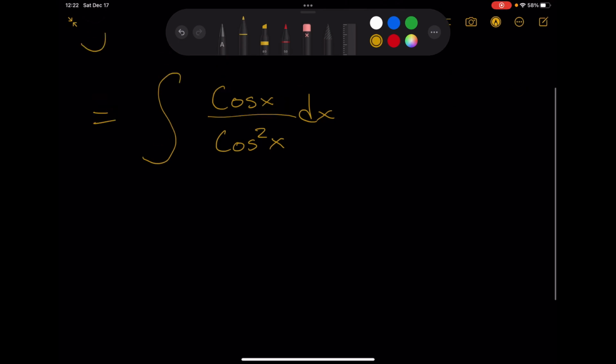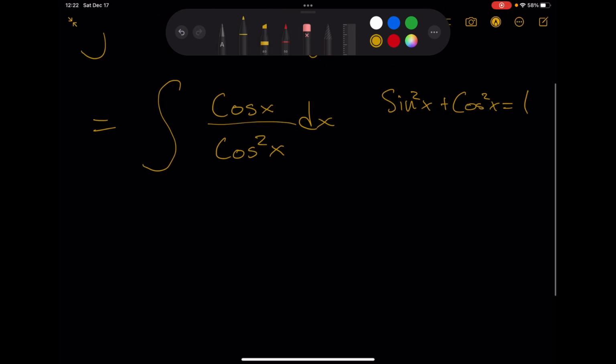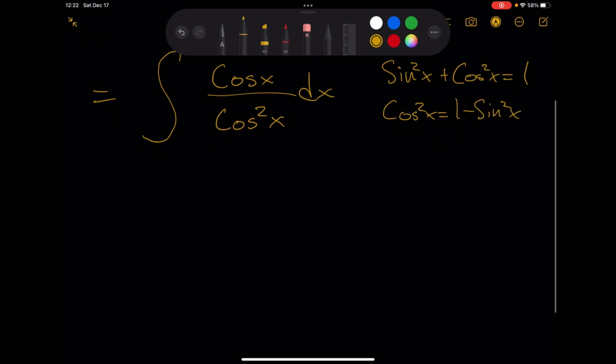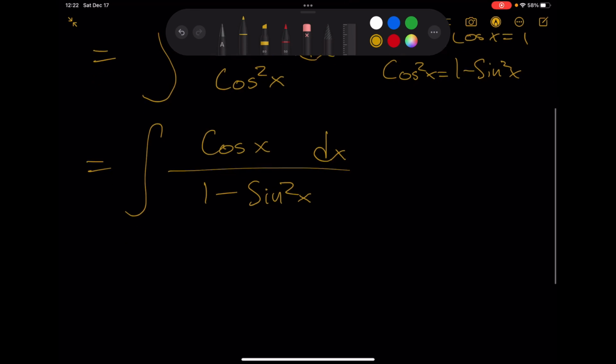So from here, let us use the identity that sine squared x plus cosine squared x equals 1 for the cosine squared x in the bottom. Then, therefore, cosine squared x equals 1 minus sine squared x. If we do that, we're going to get cosine x over 1 minus sine squared x with respect to x, right?